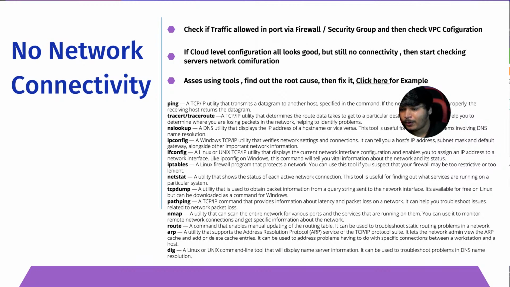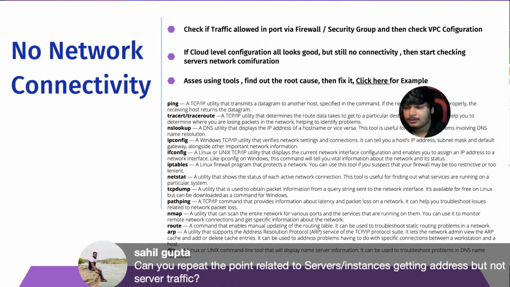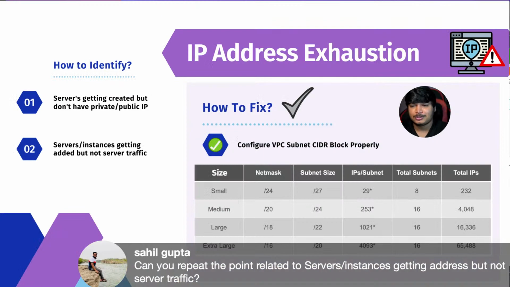You asked me to repeat the point related to server instances getting addresses but not serving traffic. I think he joined late. I will just repeat it once, in short: you have to provision your subnet well, so that there are enough IP addresses for your future needs. If at the beginning you don't configure the VPC well, suppose you set a small limit, a bigger limit is fine to be honest.